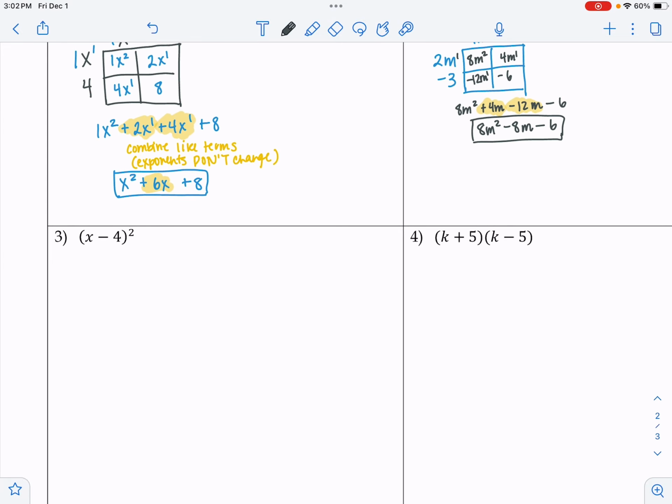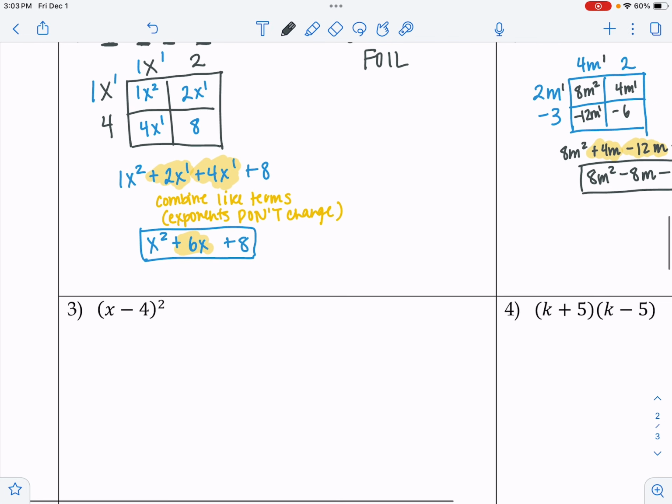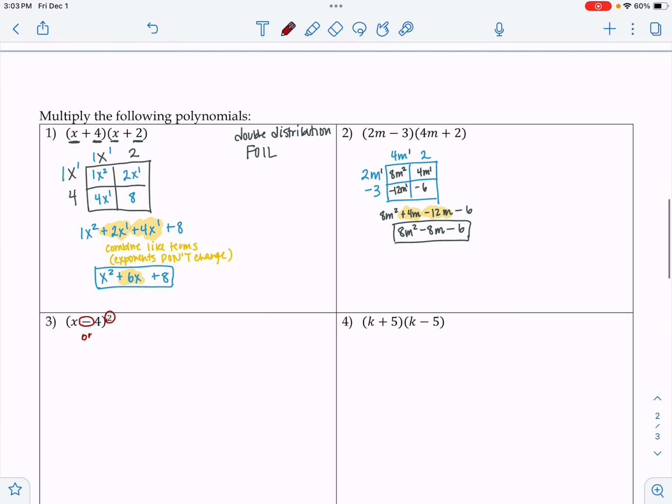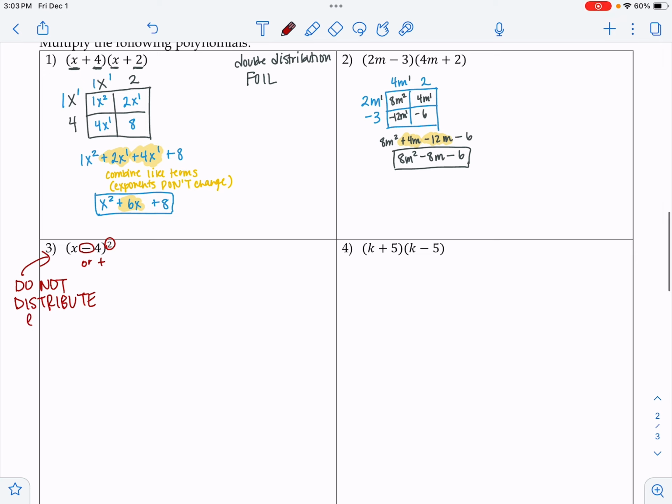Okay, this next one, there's a very common mistake. There's a 2 outside the parentheses, but anytime you have a minus or plus, do not distribute the exponent.